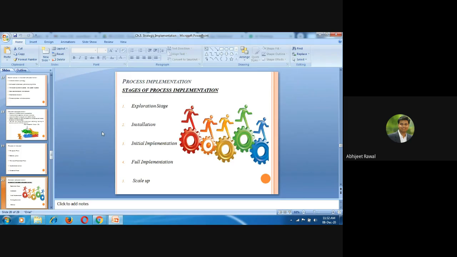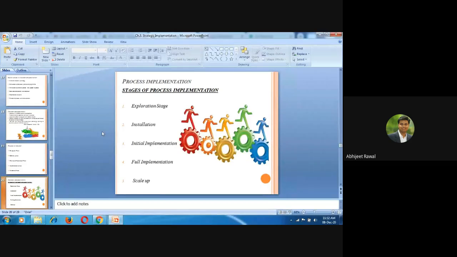Then third, you have initial implementation. This is an initial implementation, or you can say a trial basis. Okay, you take data review, you make decisions, you take feedbacks. Okay, so you do a good amount of initial implementation of a process. जो भी आपका project होगा, वो project को आप initial implementations पे R&D करके सोचोगे कि कैसे आप कर सकते हो.